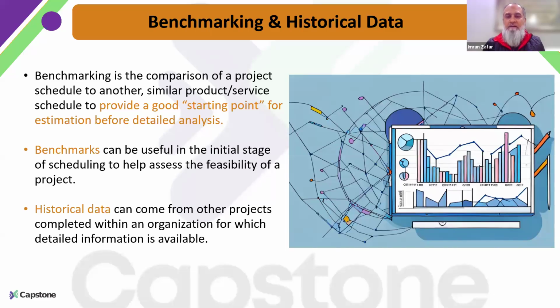We can benchmark our project against similar kinds of projects, maybe in the industry or within the organization as well. And we can utilize historical data, which is basically our OPAs. They can give us some foundational data, which we can then refine further based on the requirements of our own project.